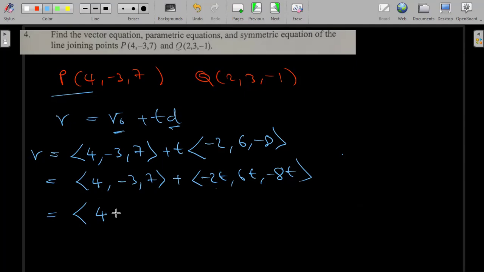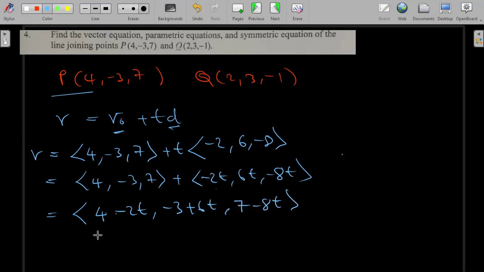Each part has the i and the j components, so when you add, you get 4 minus 2t, then the next one is -3 plus 6t, then I have the last one as 7 minus 8t.